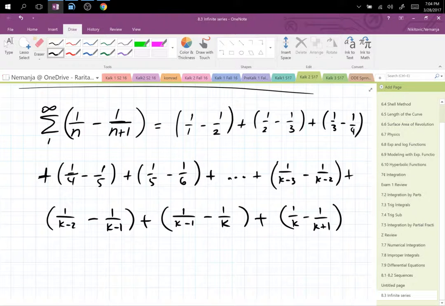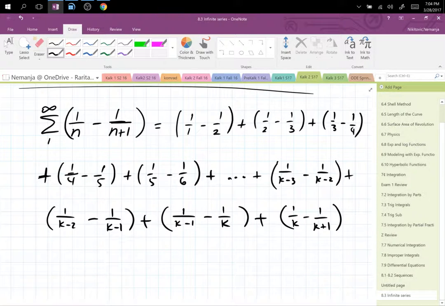Now, going backwards, it's minus 1, right? So 1 over k, then 1 over k minus 1, 1 over k minus 2, 1 over k minus 3. You see that pattern, right? So what I did is I wrote out a few terms in the beginning, and then I wrote, in quotation marks, the last few terms.